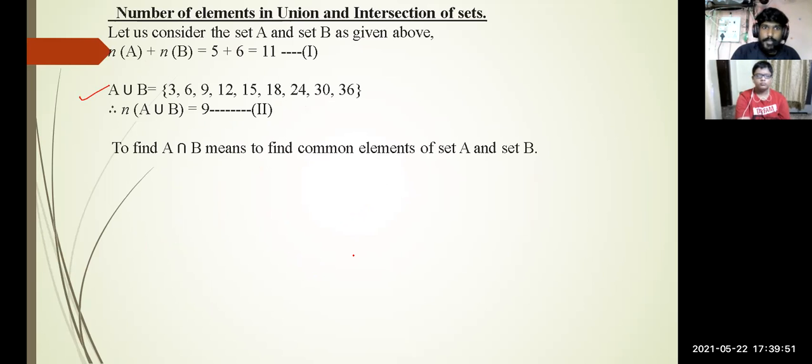So A intersection B is 6 and 12. How many elements are in this? 2. So n of A intersection B is equal to 2.